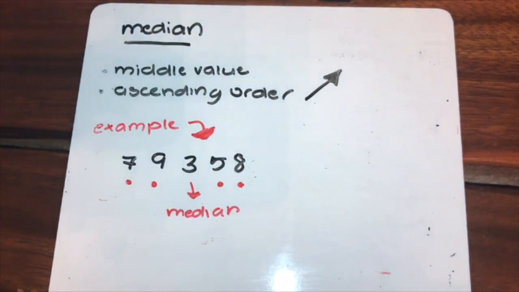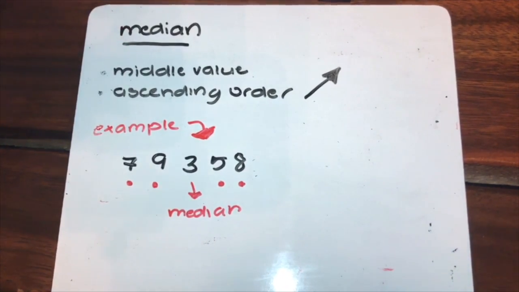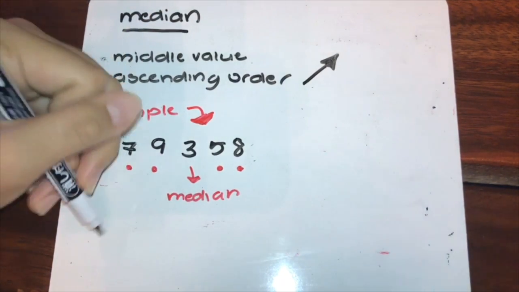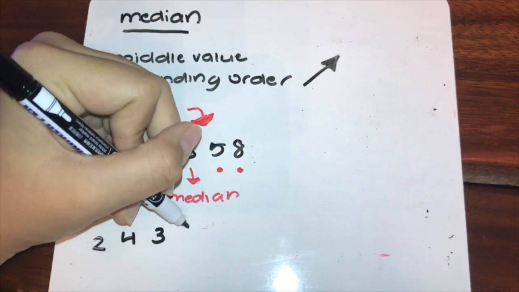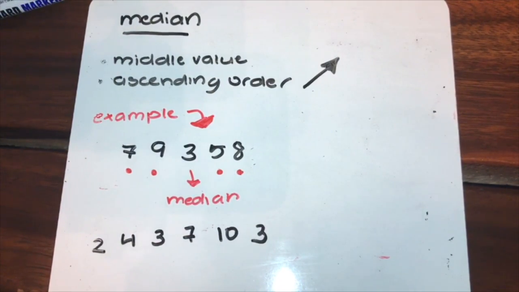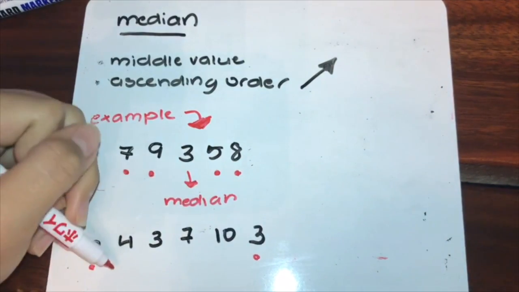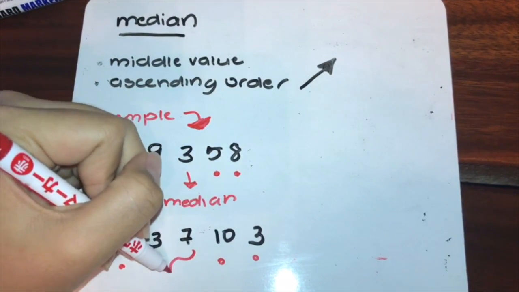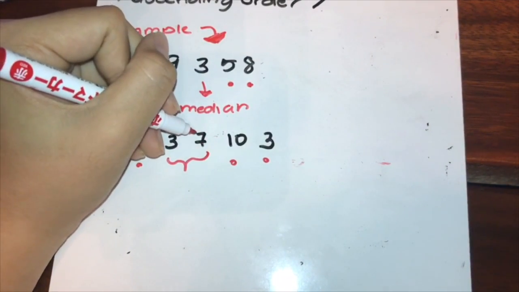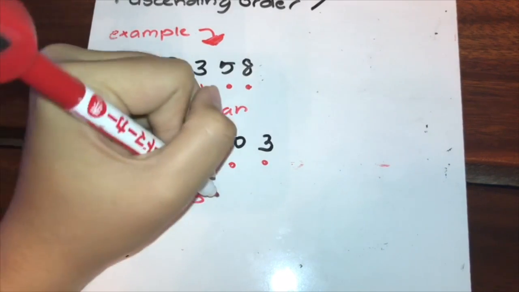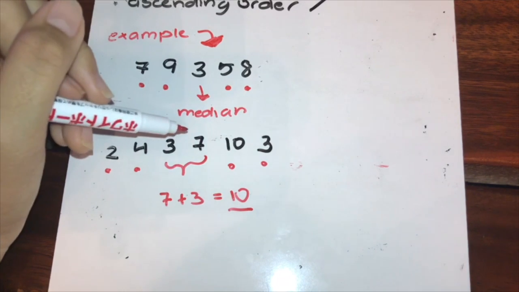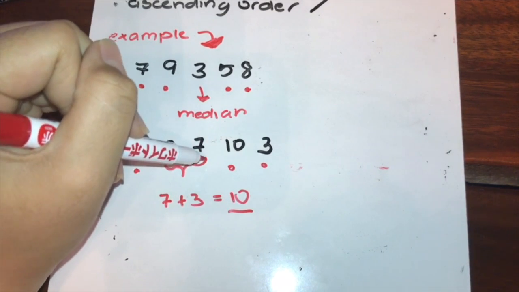But what if it's an even amount of numbers in your data set? For example, 2, 4, 3, 7, 10, and 3. If you go towards the middle like we did previously, you'll find that there are 2 values in the middle. So what you have to do is find the mean of these two.